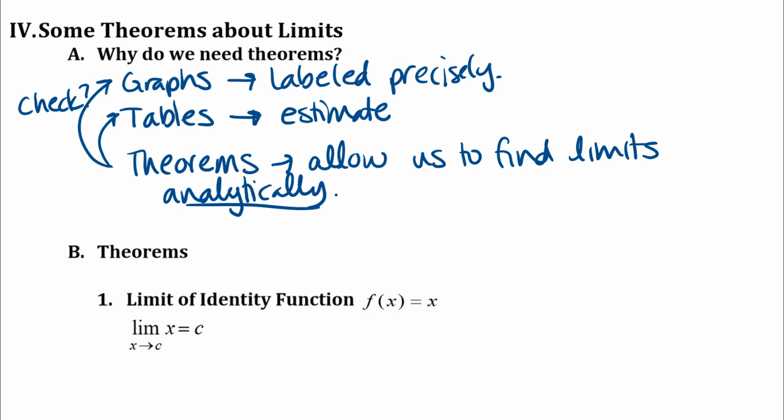We're going to talk about several different theorems here, and there are more that we'll learn later in the course. This is just the introductory set of theorems. One thing you might remember from previous math classes is that theorems are things that can be proven, not just argued or illustrated with a picture, but proven theoretically.